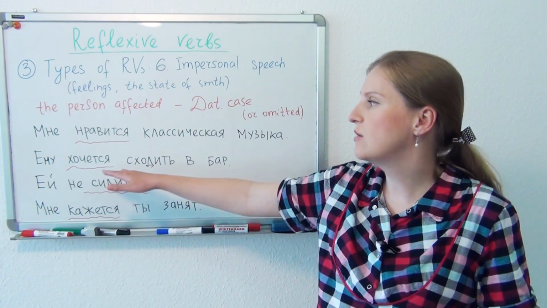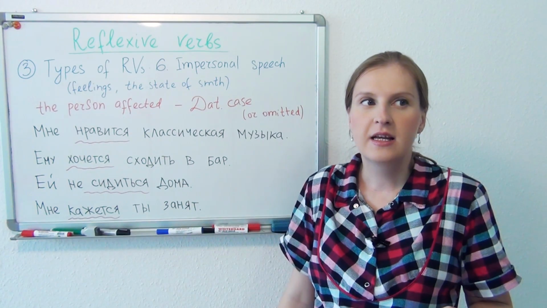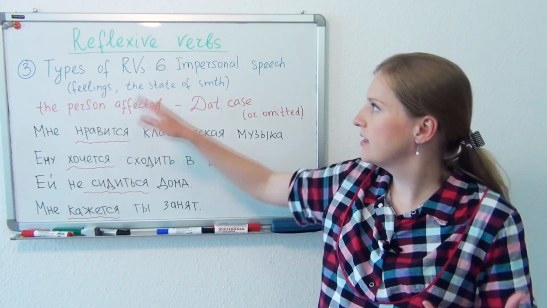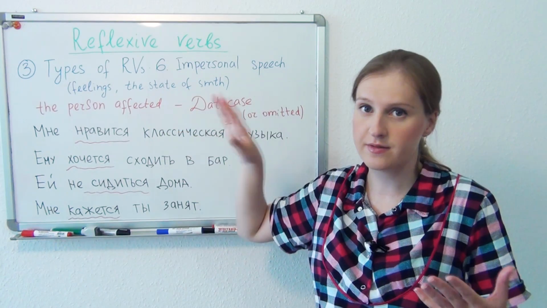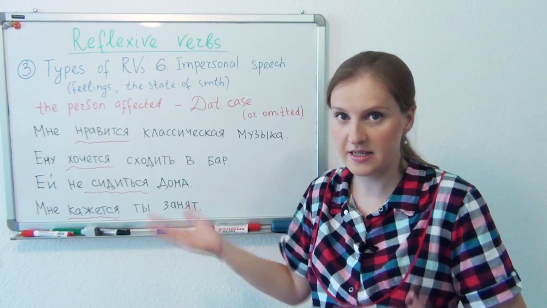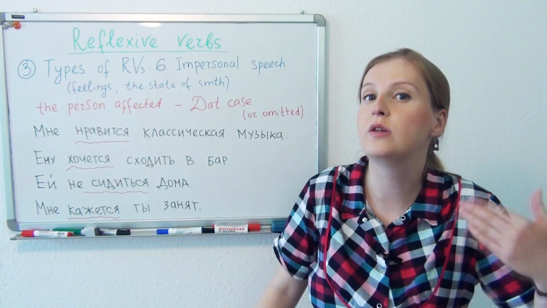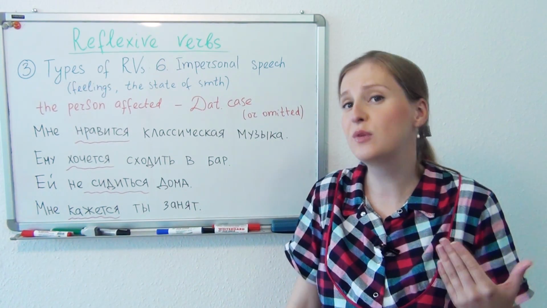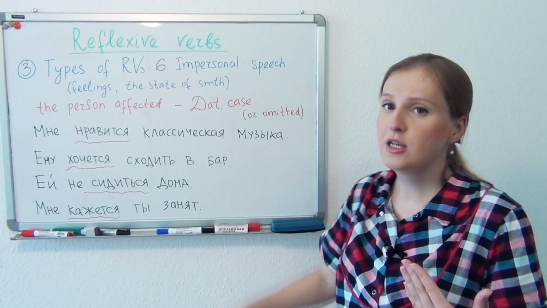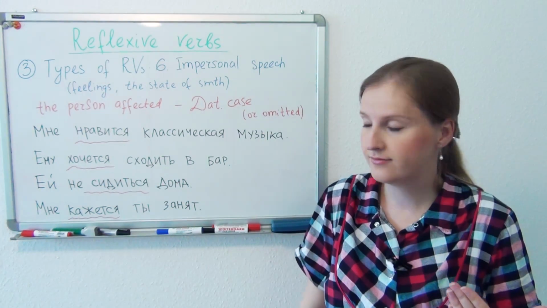But if we say ему хочется, it means he would like. So using reflexive verbs in such meanings can soften the meaning. Like here, ему хочется, he would like. Not he wants, but he would like. Ему хочется сходить в бар. He would like to go to the bar.